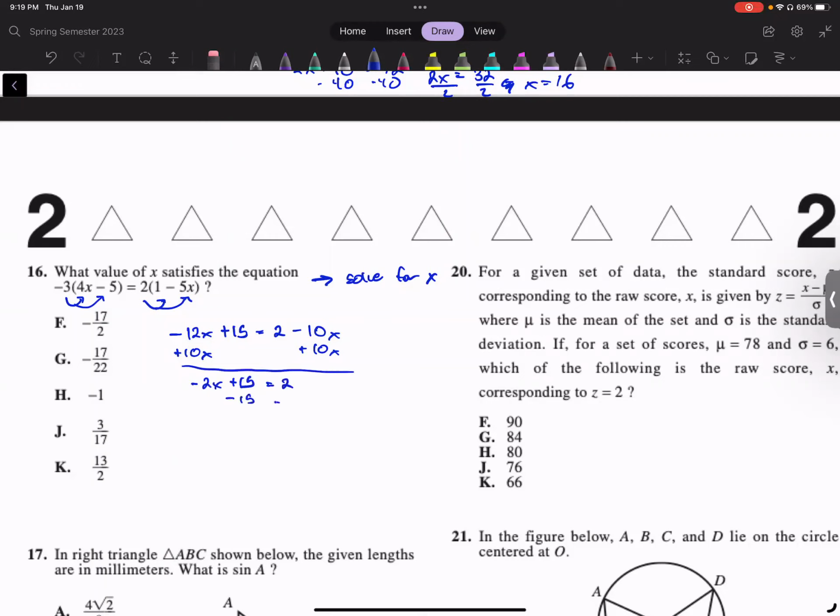Subtract 15, and I get negative 2x is equal to negative 13. And then from there, we divide by negative 2, and we get x is equal to 13 halves.